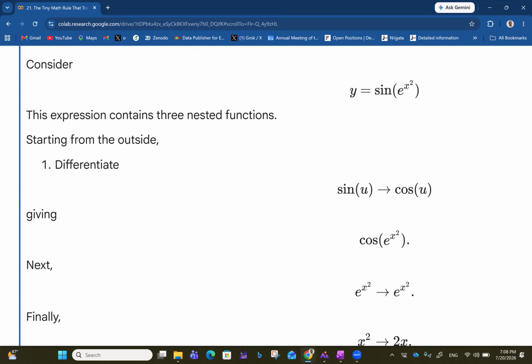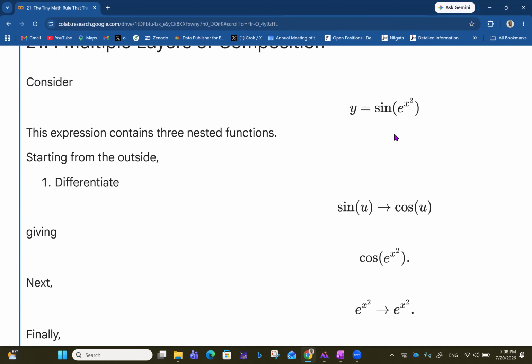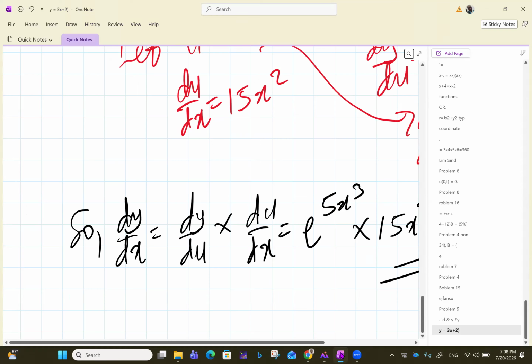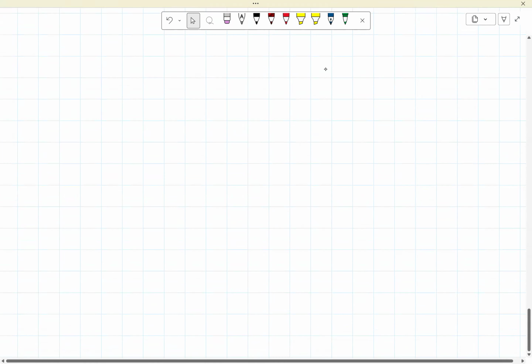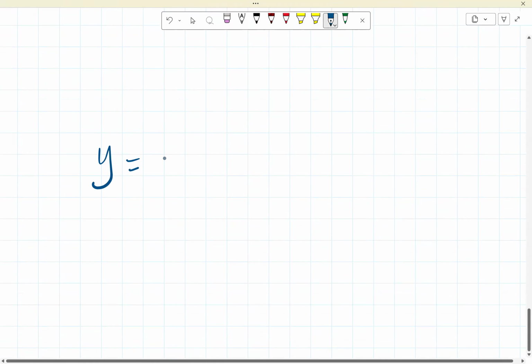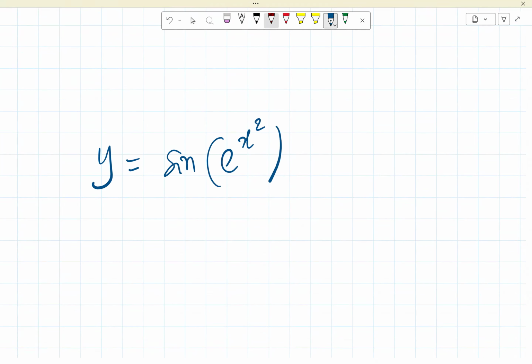Okay, so to make it clearer, like I've been doing, y equals sine e raised power x squared. So what are we doing here? Let u be x squared, this x squared here.